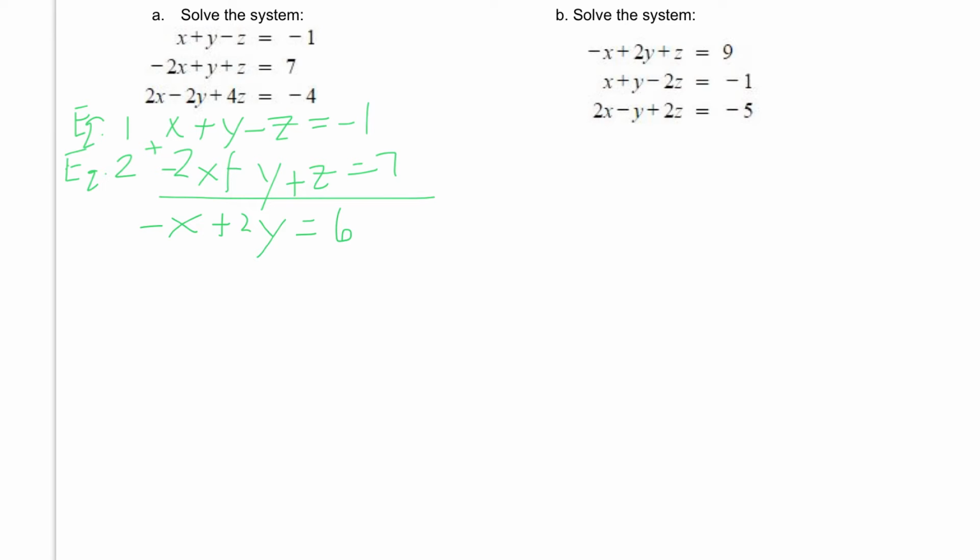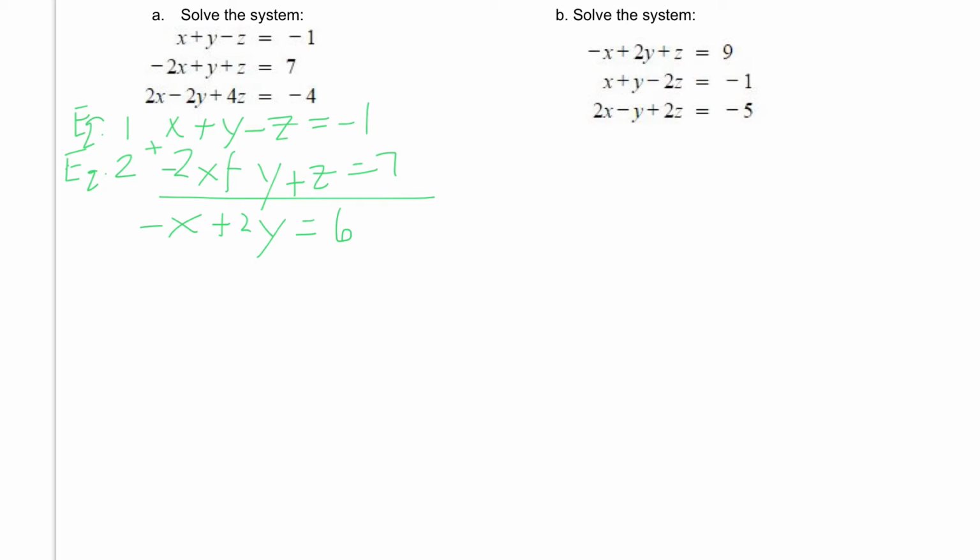Then what I'm going to do is now I need to get 2 different equations. So I've used 1 and 2 together. Now I can use 1 and 3 or 2 and 3. And I need to come up with another equation like this that does not have a z in it. So I'm going to go ahead and choose equation 1 and equation 3.